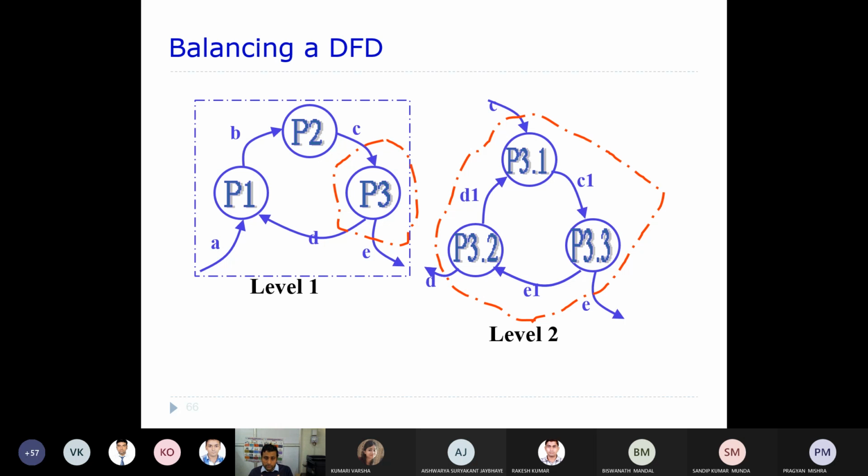Within the bubble, you may have as many inputs and outputs for each and every sub function, but ultimately you need to ensure that those many inputs and outputs are maintained in the next level overall. That is what exactly I represented. So C is given as an input to this level 2 decomposition, and one output may be going from 3.2, one output going out from 3.3.